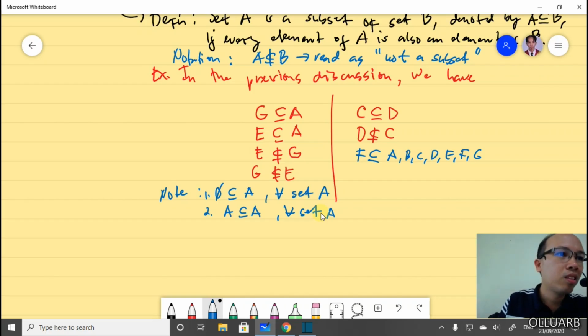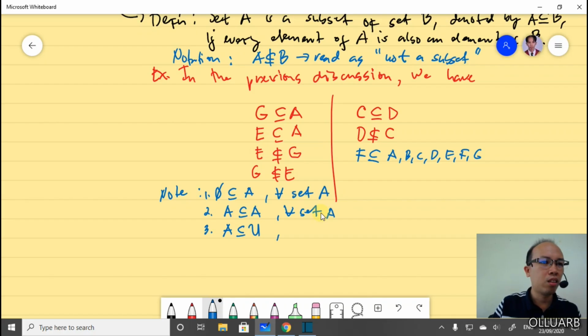Because of course every element in A is also an element of A. Number 3, A is always a subset of the universal set for all sets A, as long as, with respect to a single discussion, A is part of that given. So that's the definition of a subset.